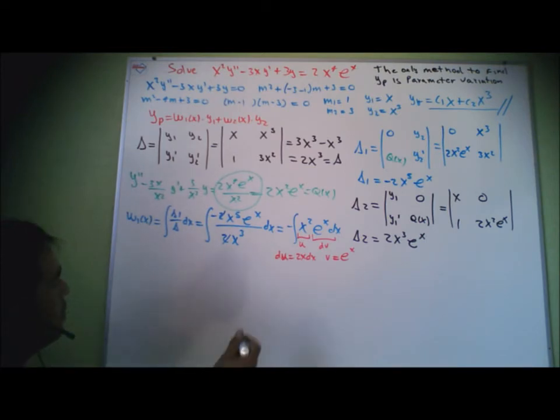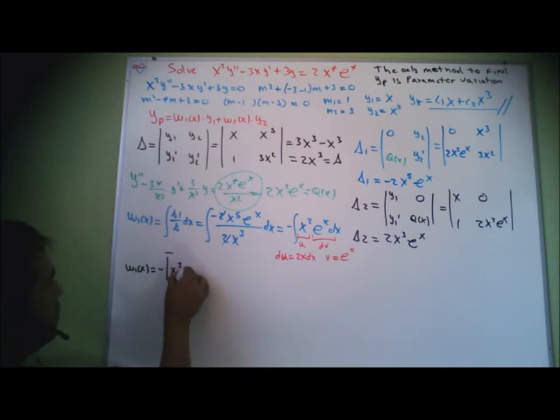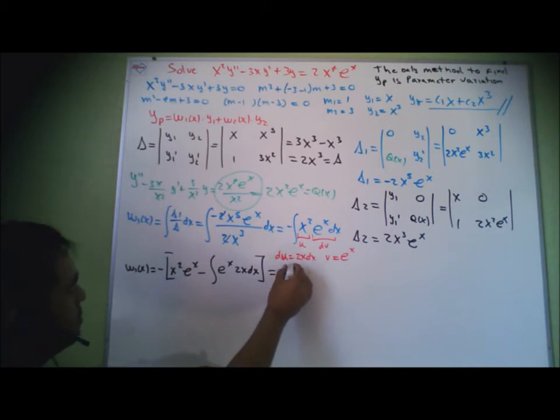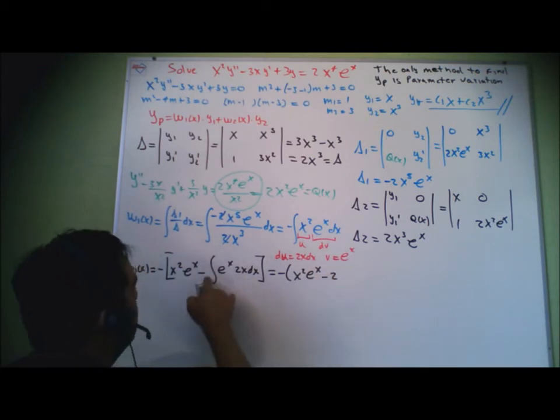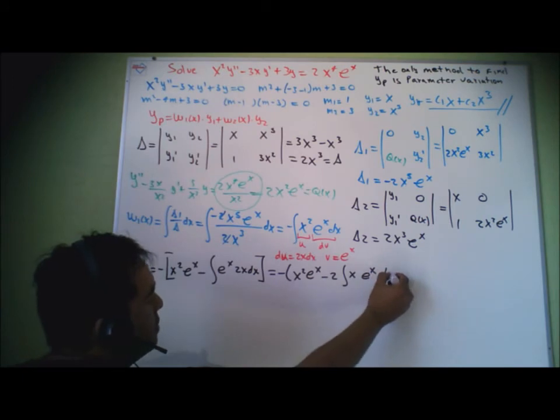So w1 of x is equal to minus u times v, x squared exponential of x, minus the integral of v differential of u, exponential of x. Differential of u is 2x differential of x. So this is equal to minus x squared exponential of x minus 2, these 2 goes outside, integral of x exponential of x differential of x.